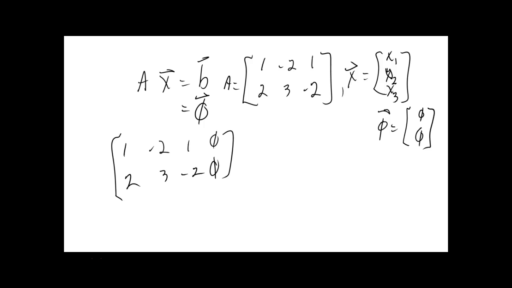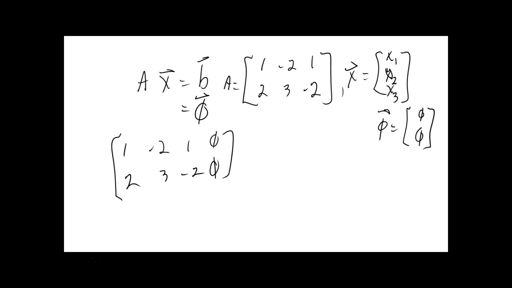Now, to start with, a system of 2 equations, 3 unknowns, you know that's going to be either no solution or an infinite number of solutions. You cannot have a unique solution with that. You don't have enough equations to match the number of unknowns. Now, it could have no solution. Well, this will have one solution, because this is a homogeneous system of equations.